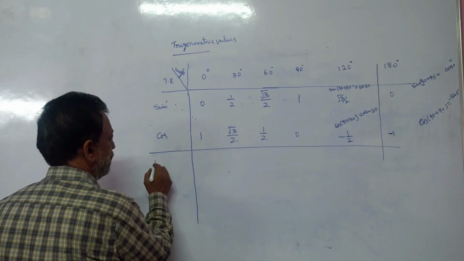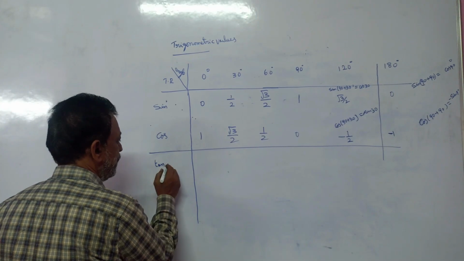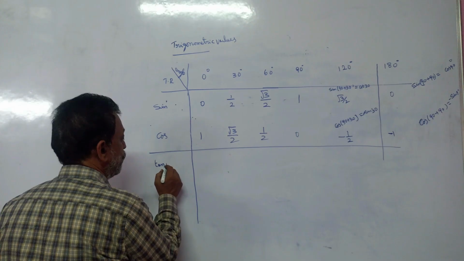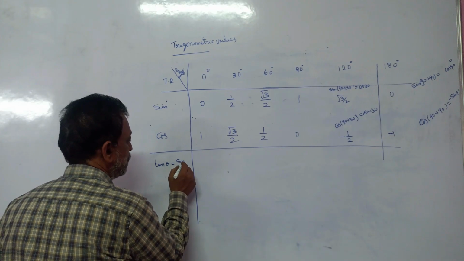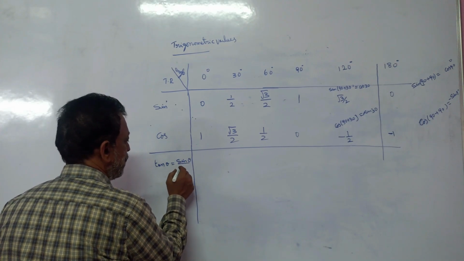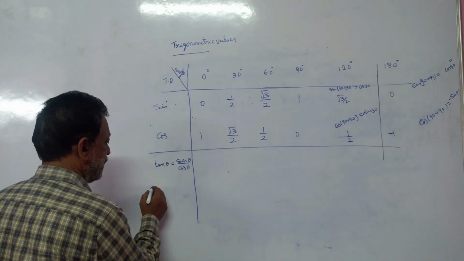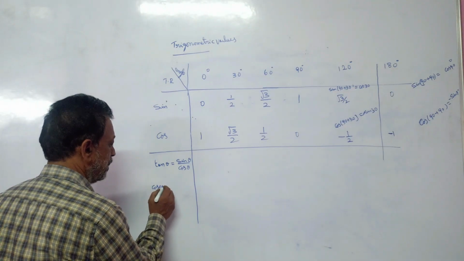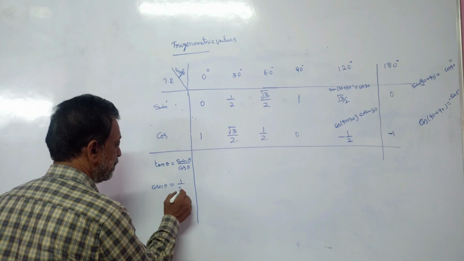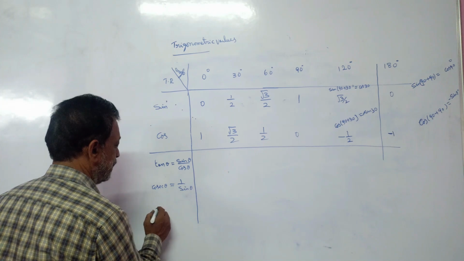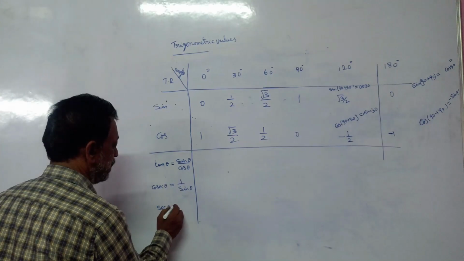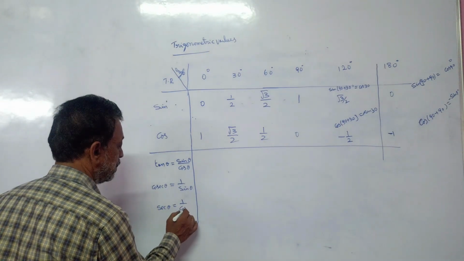Now finally, you write tan by yourself. Tan theta is equal to sin by cos. Cosec theta is equal to 1 by sin. Sec theta is equal to 1 by cos.